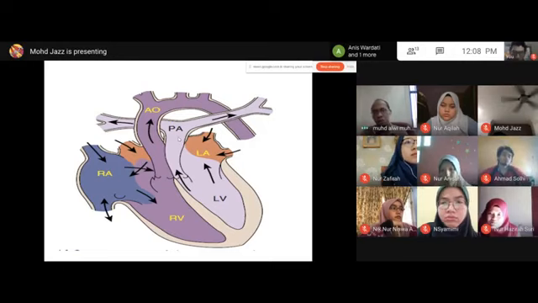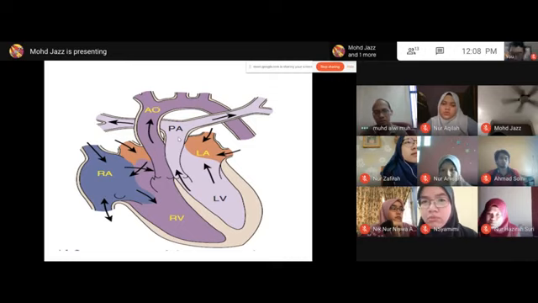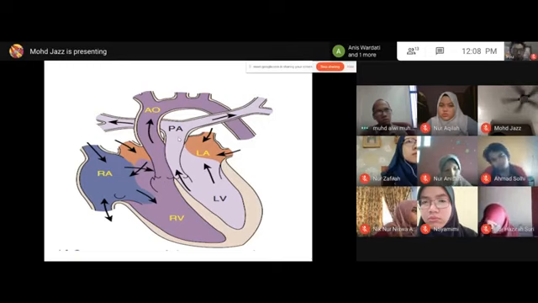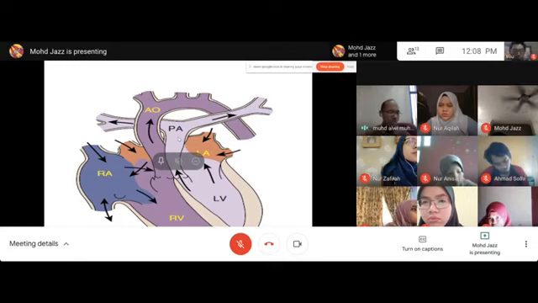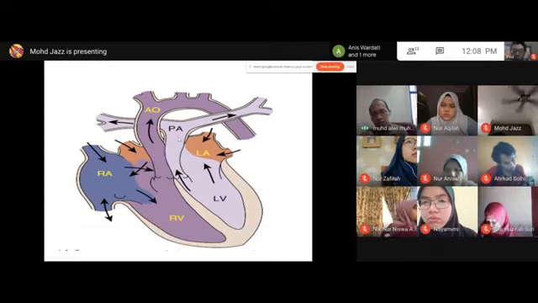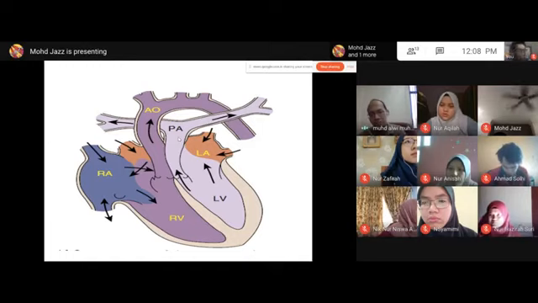So in TGA you will see a narrow mediastinum, like an egg on a string, because the X-ray is AP, so the PA and AO look like they are on one plane, but they are actually side by side.